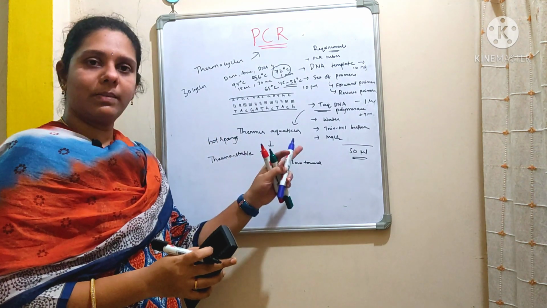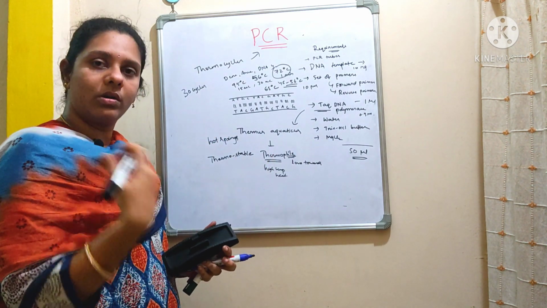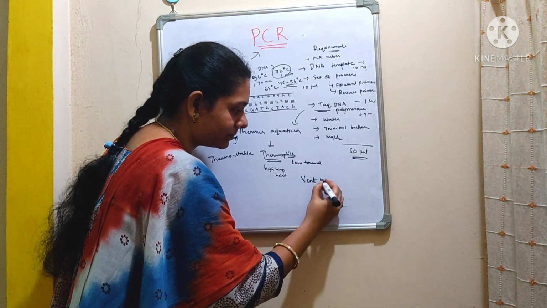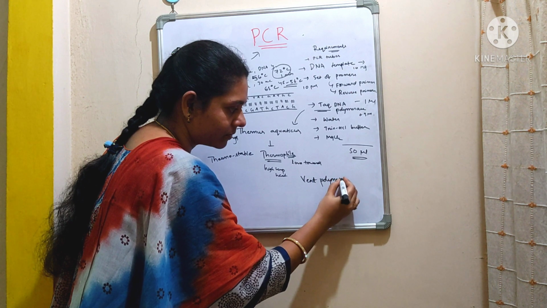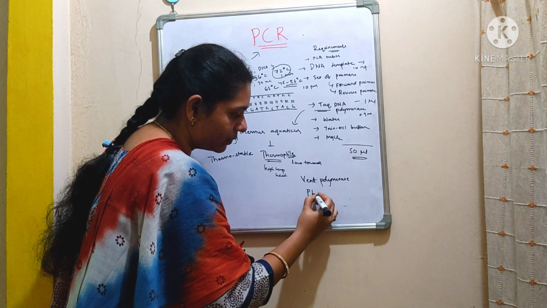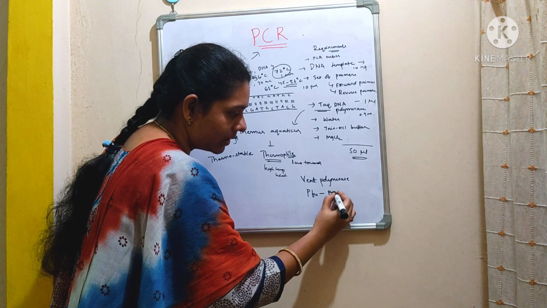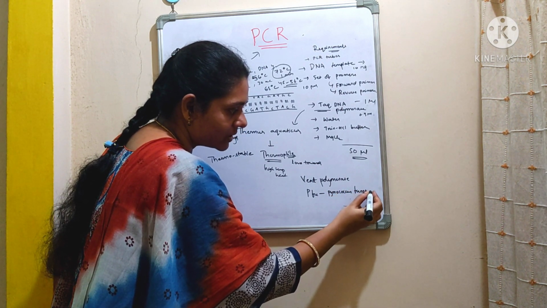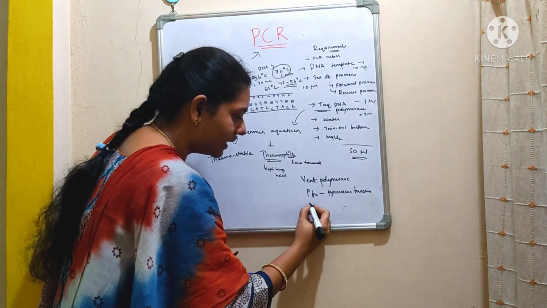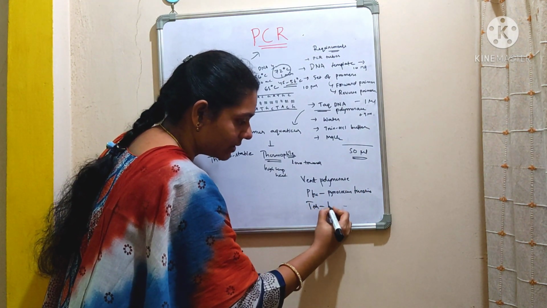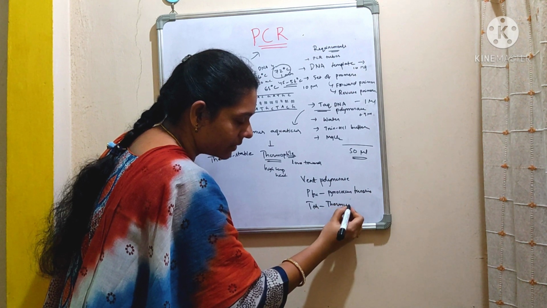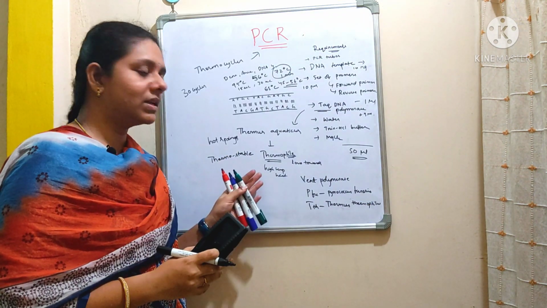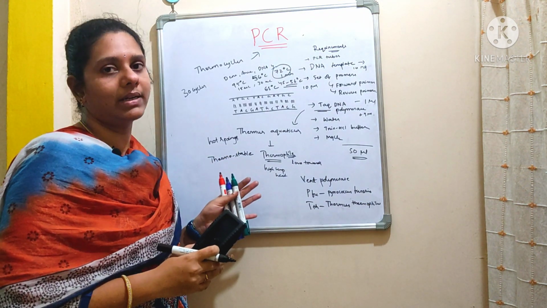Along with Thermus aquaticus, we can also use some other enzymes like Vent polymerase and also Pfu, which is isolated from Pyrococcus furiosus, and also Tth, Thermus thermophilus. Again, these organisms are thermophiles which can resist high temperatures.